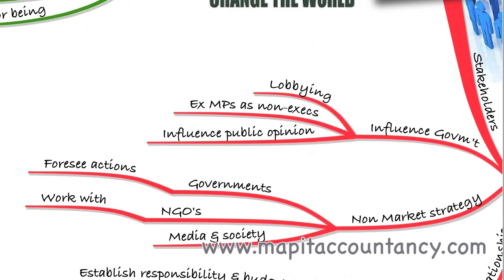If the organisation feels that the government are not doing what they want and that the government is doing something that could be detrimental to the business, they may well try to influence public opinion to put pressure on the government. For example, in Australia, the government was going to implement a harsh tax on mining companies because they were seen to be earning too much money.